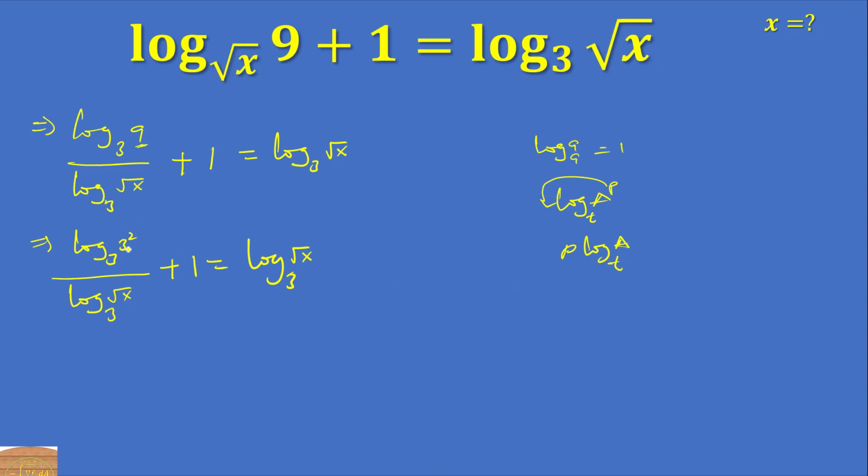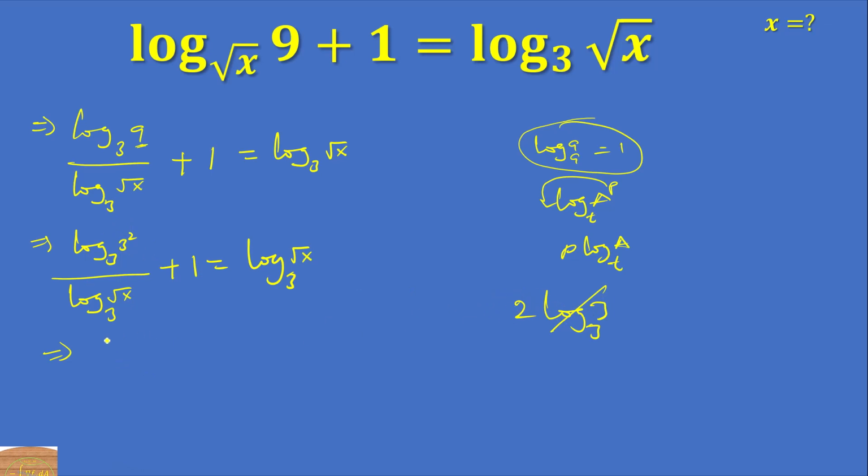So the 2 will come here, so the numerator can be written as 2, then we have log 3 to base 3. So logarithm of a number to the same base is 1. So this one gives us 1. So the numerator here will be 2. So 2 times 1 is 2.